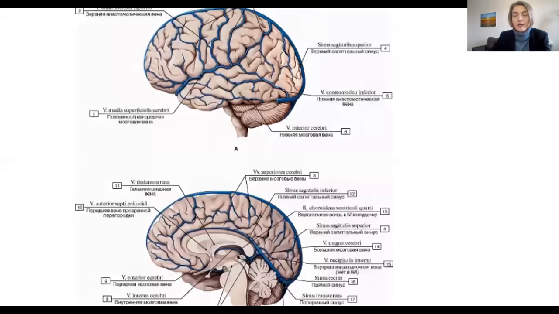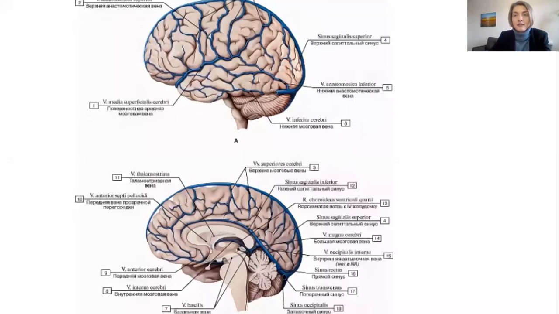Maria here, and today we will be talking about the anatomy of the dural venous sinuses. Dural venous sinuses are contained between the periosteal and meningeal layers of the dura mater in the brain.